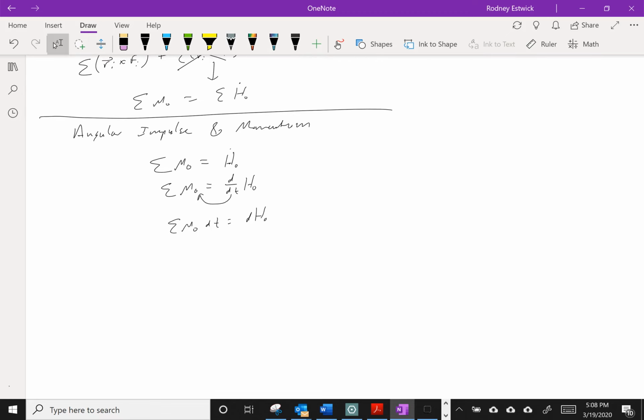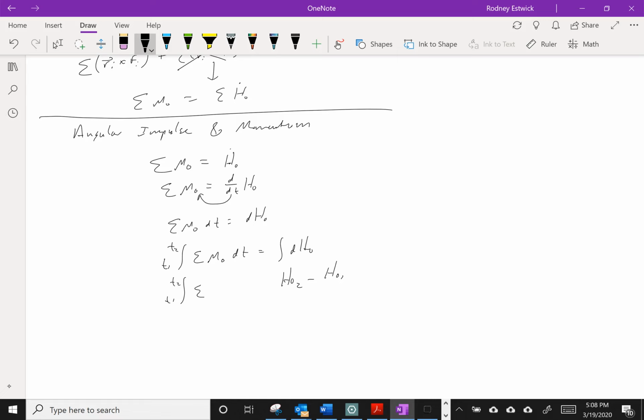When we do this integration, this is super analogous to momentum and impulse for linear cases. If I go from time 1 to time 2, the integral of these sums of moments over time equals the integral of dHO. This is just going to be angular momentum 2 minus angular momentum 1, and that is going to equal this term.